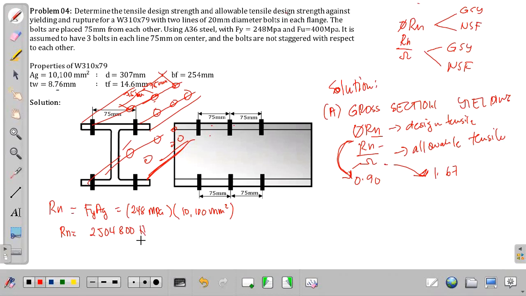In Newton. Okay, or you can convert that in kilonewton, so that is equal to 2504.80 kilonewton. Okay, so that will be now our value for Rn.